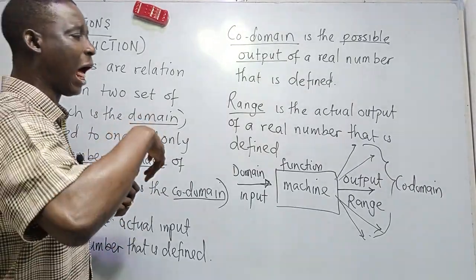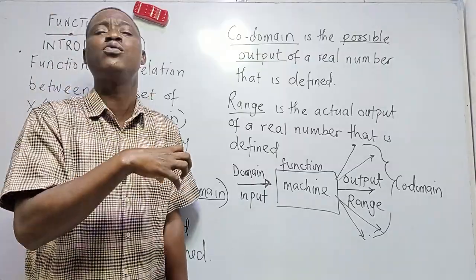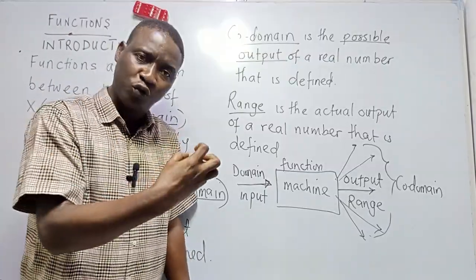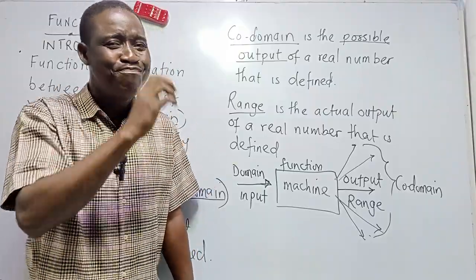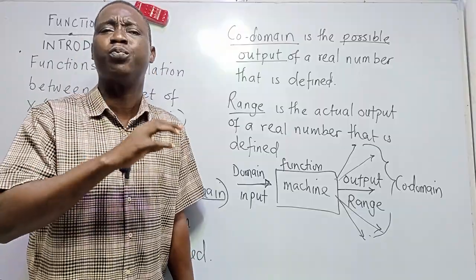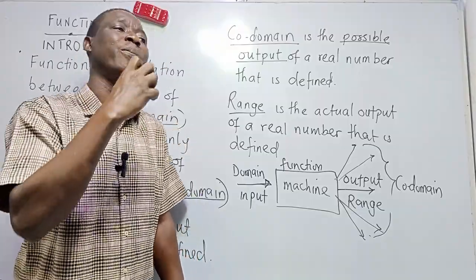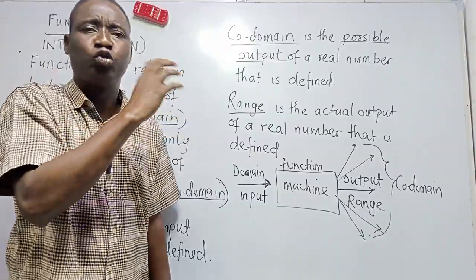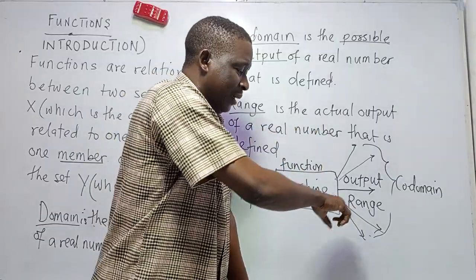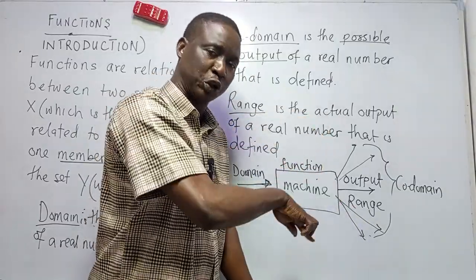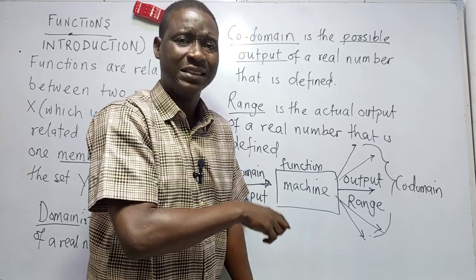They are not actual. The actual output that comes from the input of the domain, from the machine, from the function, is what we call the range.